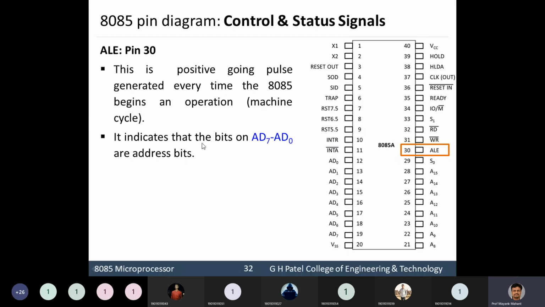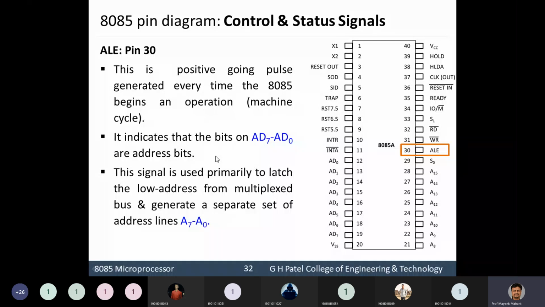It indicates that AD7 to AD0 are the address. If ALE is a positive going pulse, AD7 to AD0 are part of the address lines. This signal is used primarily to latch the lower address from the multiplexed bus and generate the separate set of lines, that is A7 to A0.